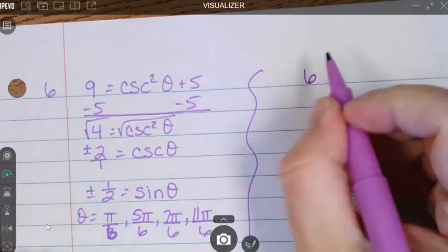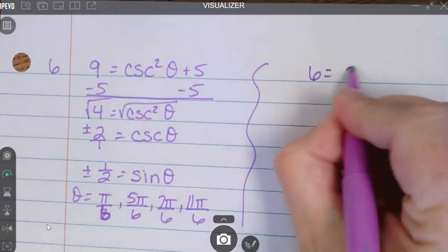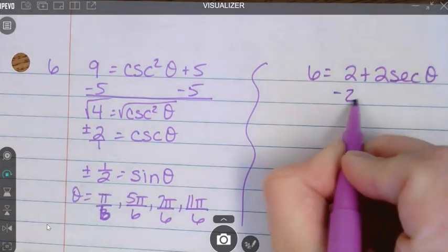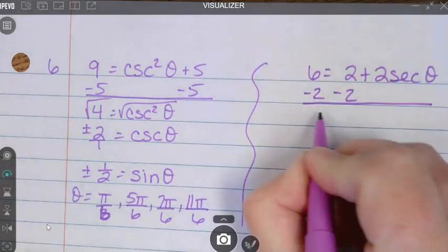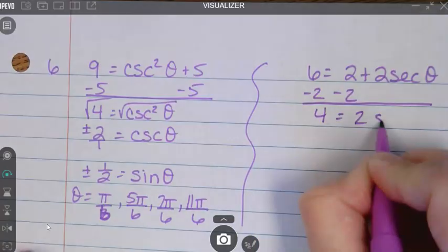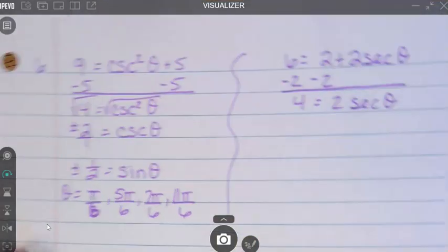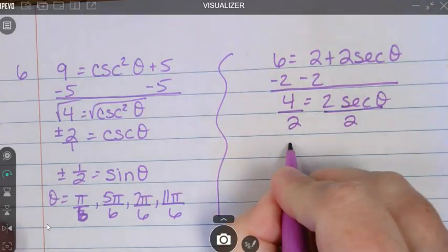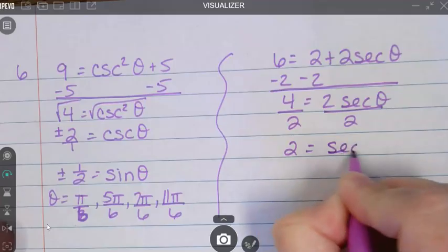Let's do the one underneath, so 2 plus 2 secant theta. Subtract the 2, and you get 4 equals 2 secant. Divide by 2, and we get 2 equals secant.